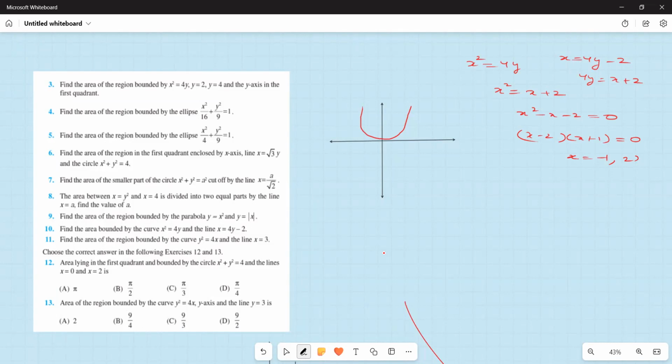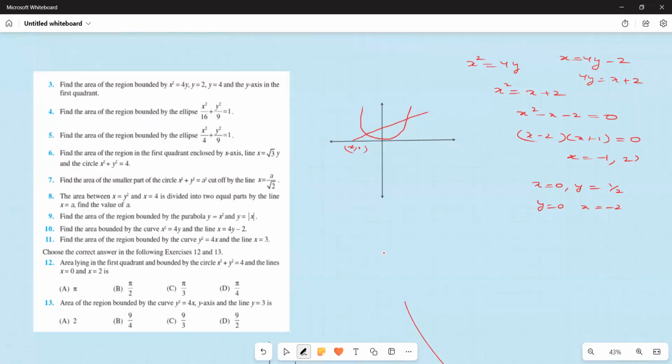And if I make x 0, then y is equal to 1 by 2. And when y is equal to 0, then x is equal to minus 2. Means this line is cutting like this. This is x is equal to minus 2, 0.